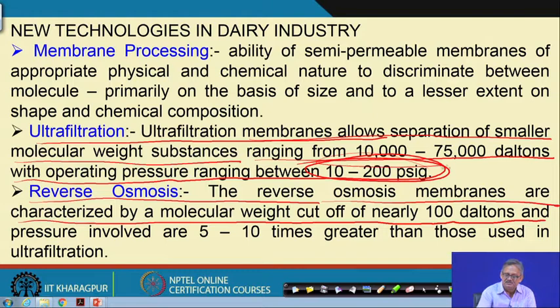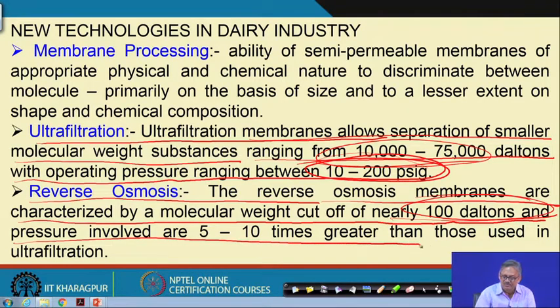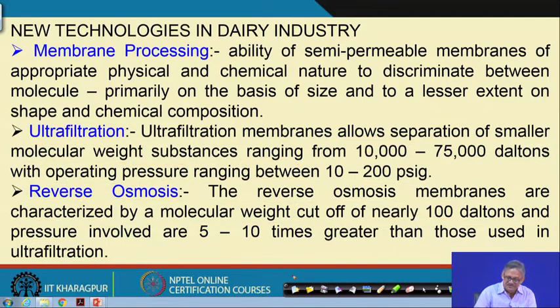It was 10,000 to 75,000. Here it is nearly 100 daltons, and the pressure involved is around 5 to 10 times greater than that in ultrafiltration. Here it was 10 to 200 psi, so it will be 5 to 10 times, so around 50 to 2000 psi is the pressure applied for reverse osmosis.